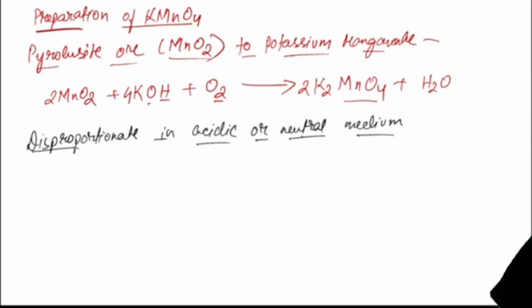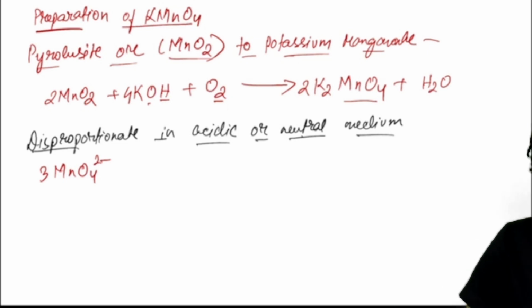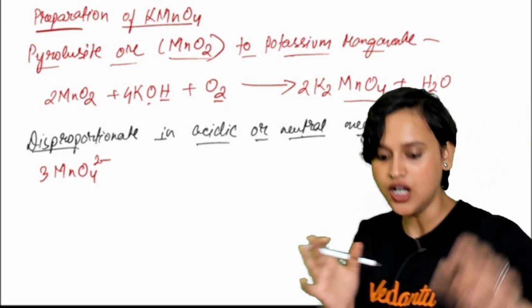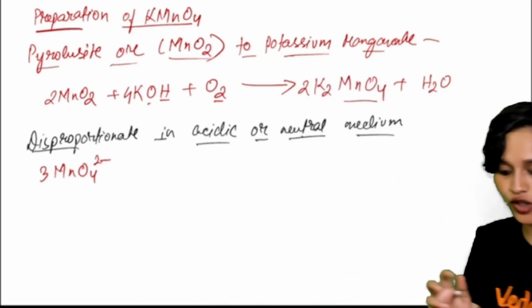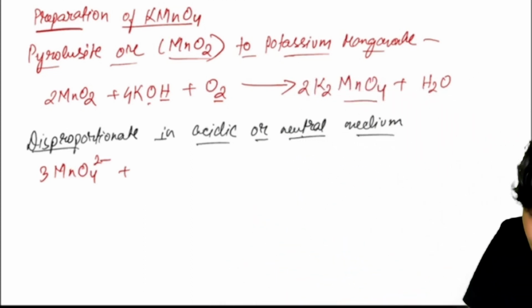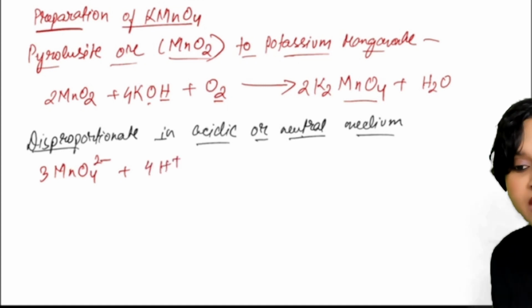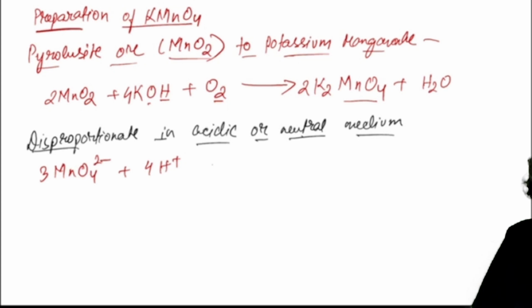From here we will take 3MnO4 2-, because we are removing the K2 part so that we get MnO4 2-. Now what are we going to add? Acidic medium means H+. Let's add 4H+. So what will we get here?